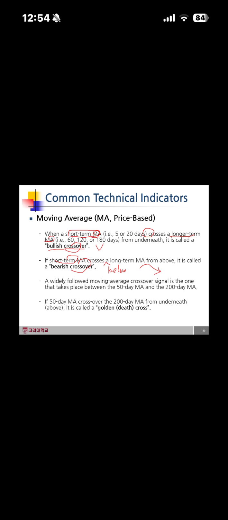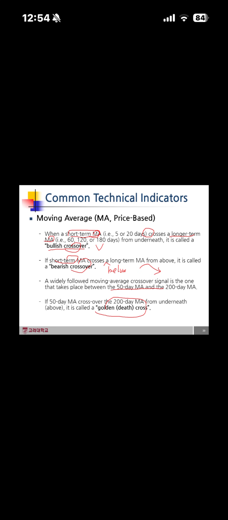One of the most widely followed crossover signals in financial markets is the 50-day and 200-day moving average crossover. When the 50-day moving average rises above the 200-day moving average, it is called a golden cross.